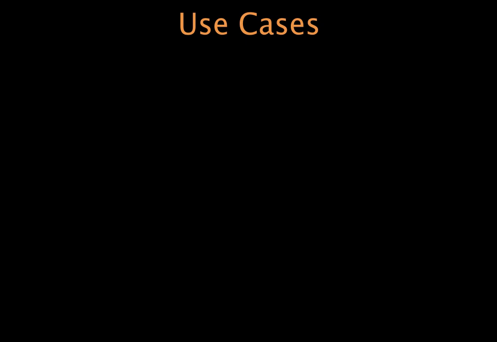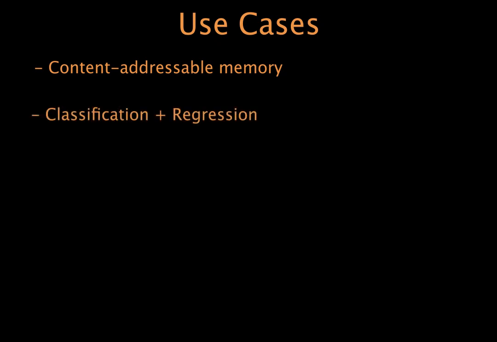As mentioned in previous videos, each model can act as a content-addressable memory system, where incomplete or corrupted patterns can be provided as input to retrieve full patterns. For classification and regression, outputs can be included as part of the training data, forming a joint distribution of input features and perhaps class labels.